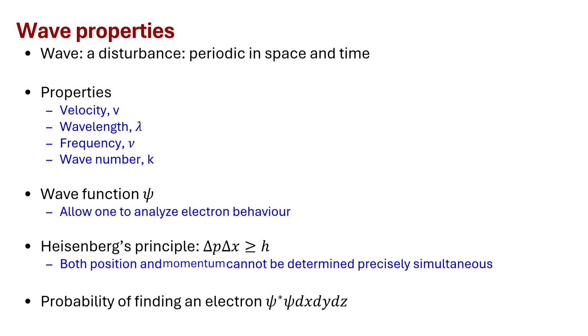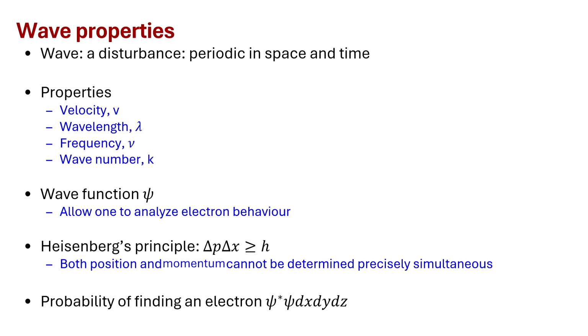So, if the electron was to be considered as a wave, it must have wave-like properties, which means it is a wave which has a disturbance which is periodic in space and time. It should have properties like wave velocity, wavelength, frequency, and wave number. It is also characterized by a quantity called the wave function psi, and this is a very important property which allows one to analyze the behavior of the electron accurately.